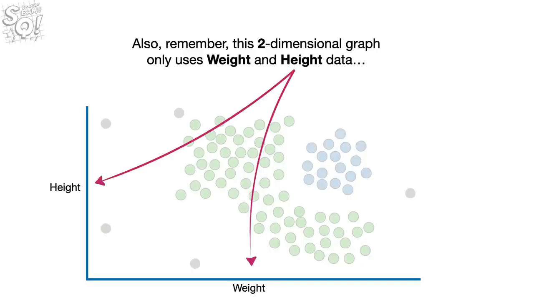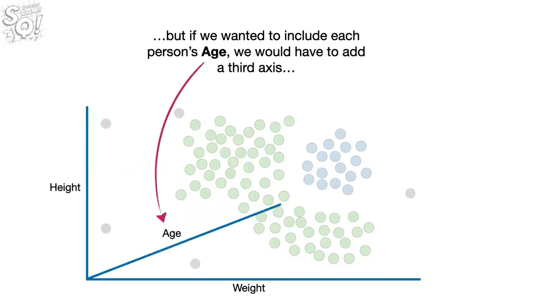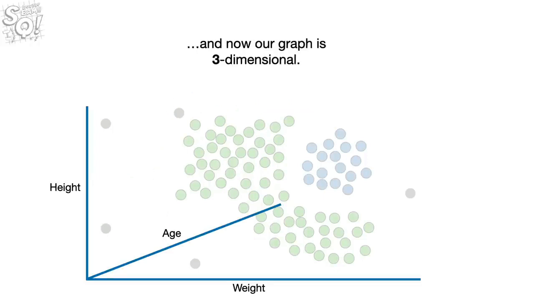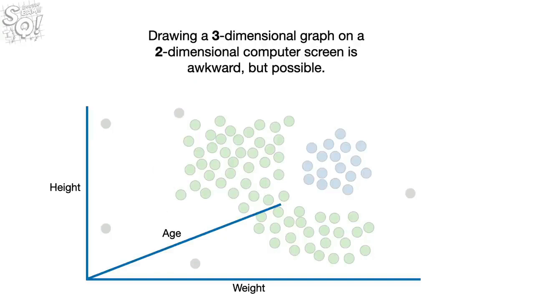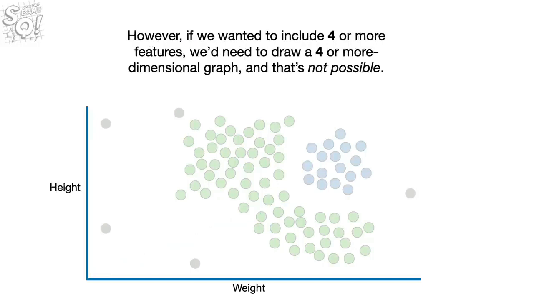Also, remember, this two-dimensional graph only uses weight and height data. But if we wanted to include each person's age, we would have to add a third axis. And now our graph is three-dimensional. Drawing a three-dimensional graph on a two-dimensional computer screen is awkward, but possible. However, if we wanted to include 4 or more features, we'd need to draw a 4 or more dimensional graph, and that's not possible.